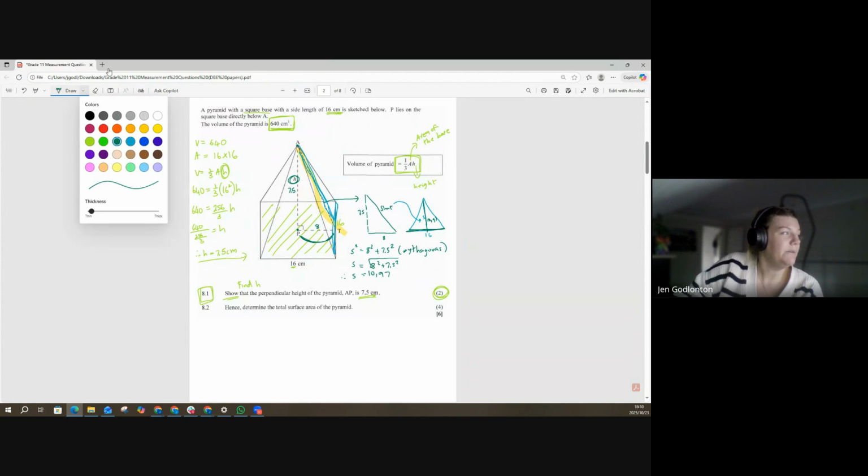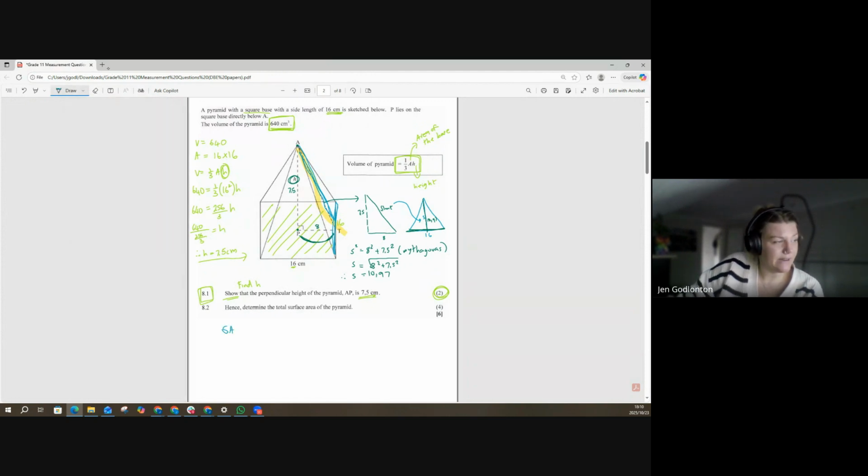So when we're working out our surface area over here, we've got 4 triangles. So we've got 4 times half base times height. Those are my 4 triangles. Plus the area of my bottom base, which is 16 squared, or 16 times 16.